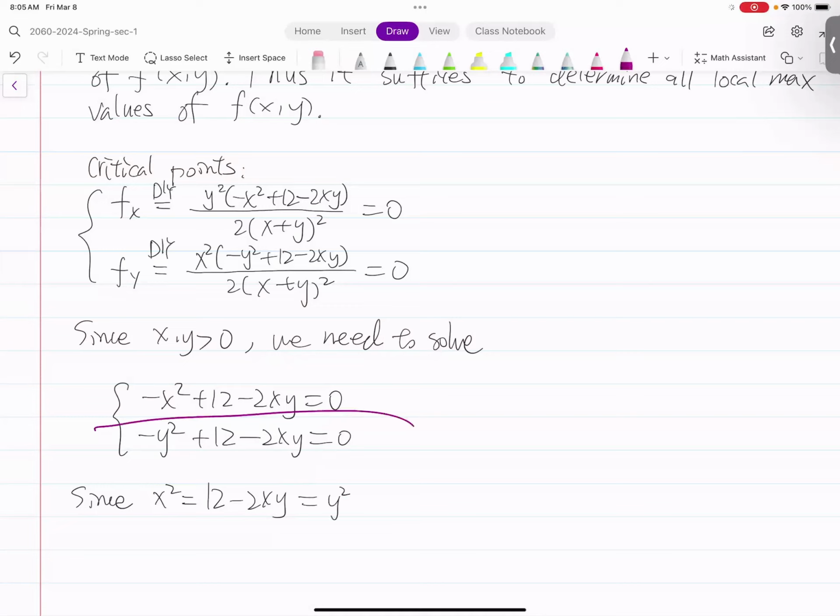So adding y squared to both sides of this equation, you see, okay, 12 minus 2xy must be y squared, and also it must be x squared. That tells you x and y must have the same absolute value, right? Since x and y are positive that we want, they must be the same.